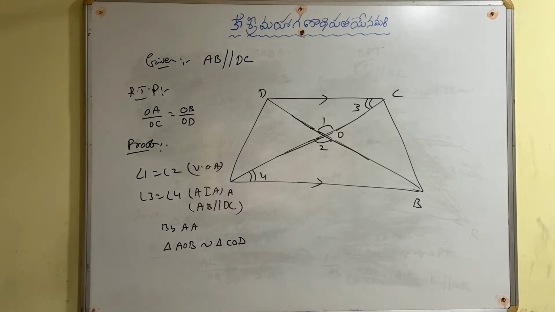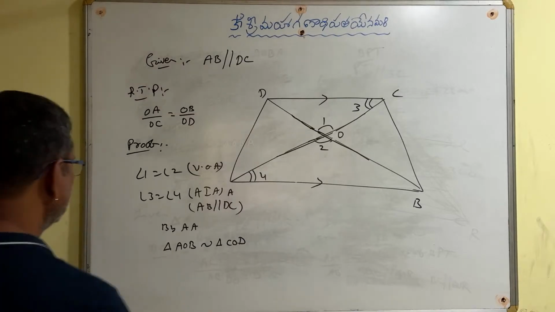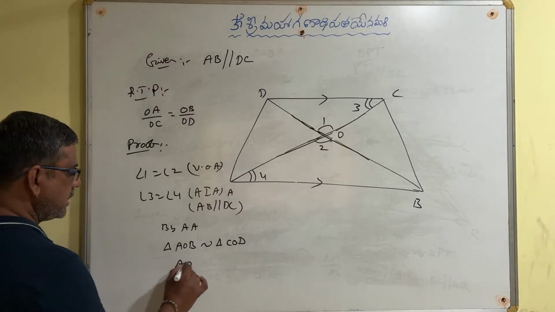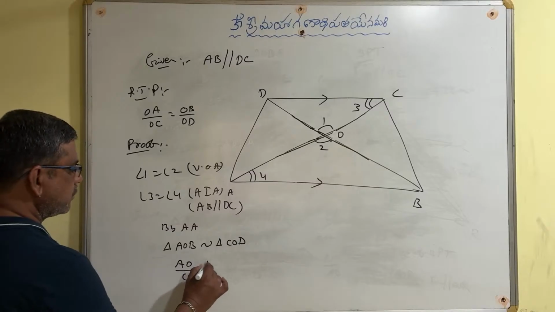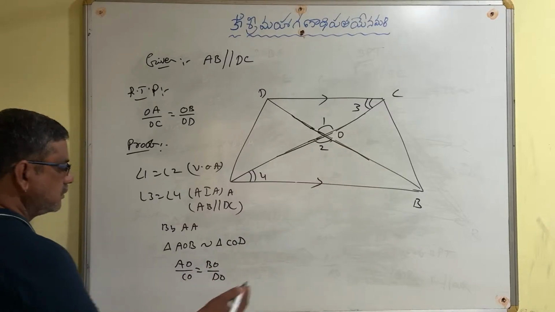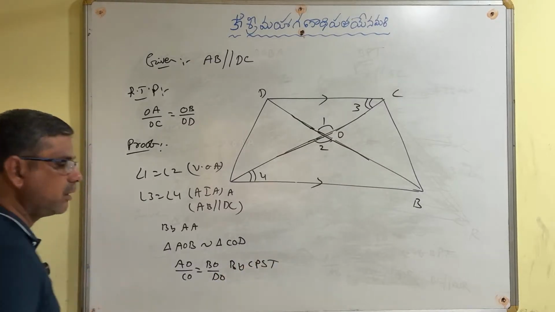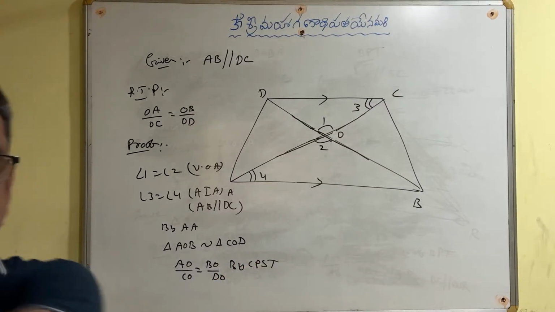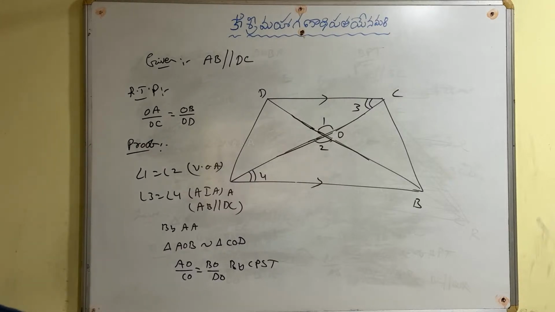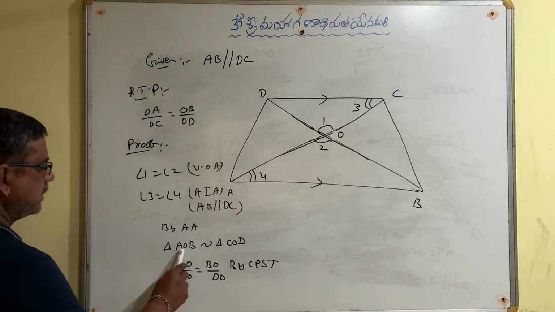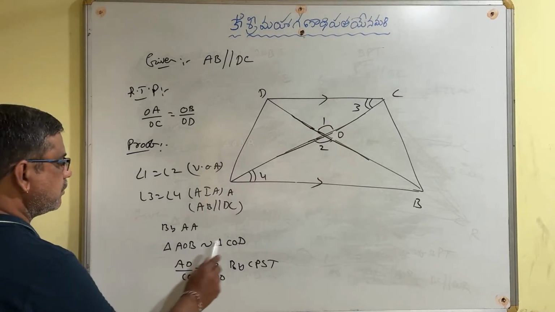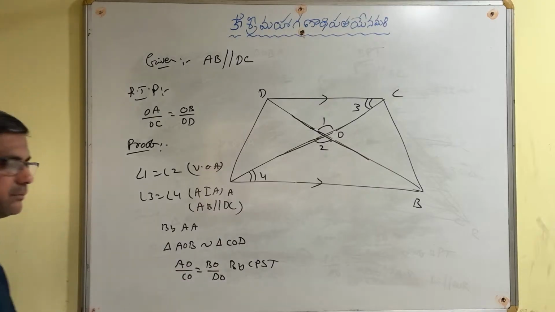Now write AO by CO is equal to BO by DO by CPST. Problem done.